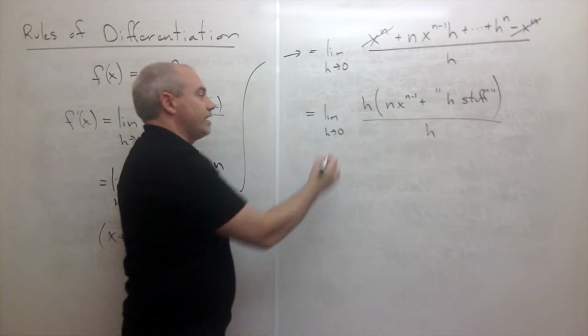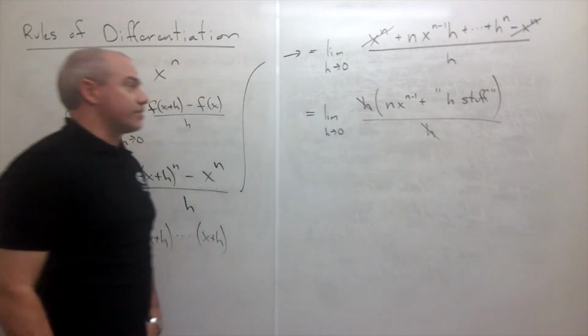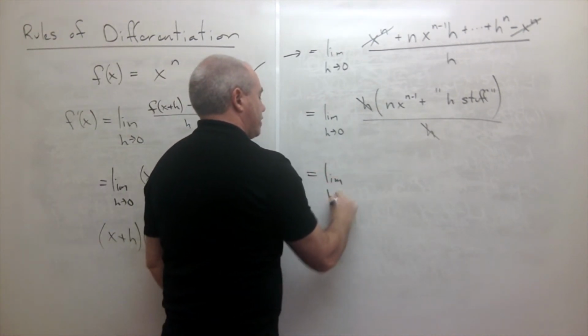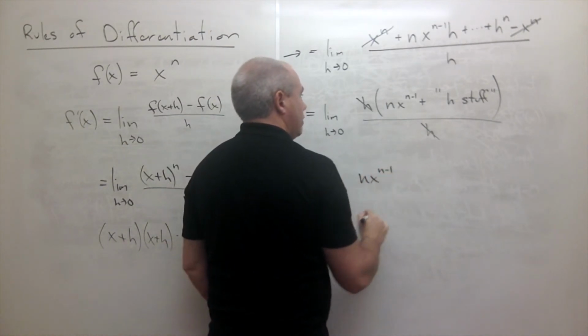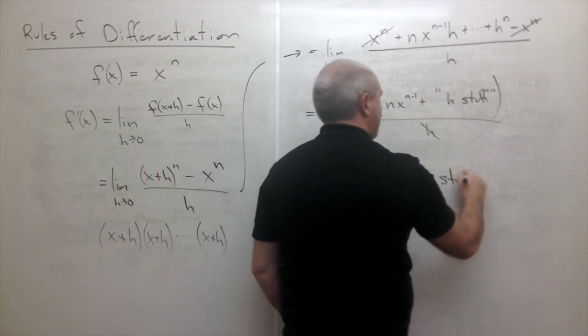Well, now, since h is going to 0, we know h is not 0, so these h's cancel, and I'm left with the limit as h goes to 0 of n x to the n minus 1 plus all of this h stuff.